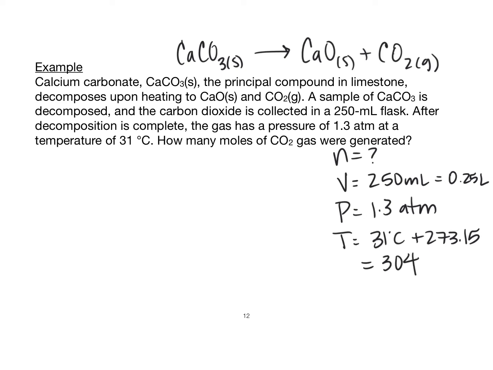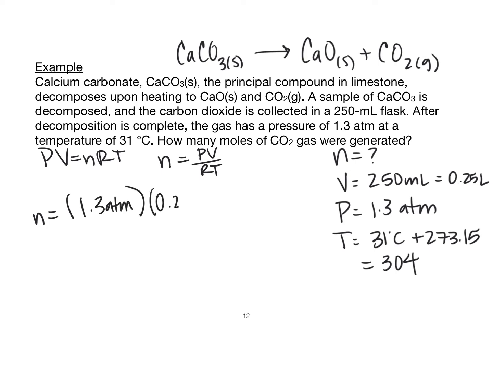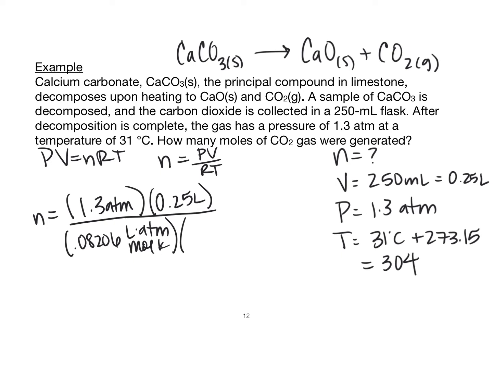So now we can rearrange PV equals nRT to be n equals PV over RT. So we can just plug that in, where the pressure of 1.3 atmospheres is multiplied by the volume of 0.25 liters, divided by the R value of 0.08206 liters atmospheres per mole Kelvin, multiplied by the temperature of 304 Kelvin.